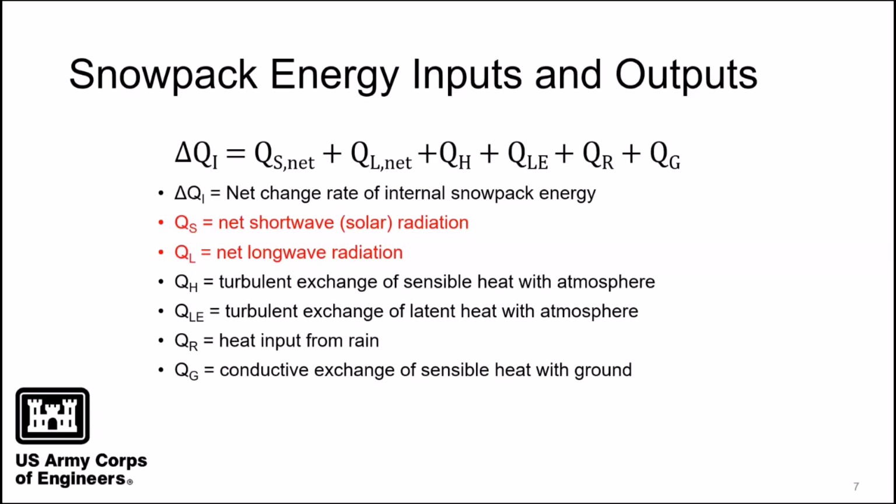And then the other terms have to do mostly with the temperature, the next two terms, the sensible heat flux and the latent heat flux. The latter has to do with change in state.